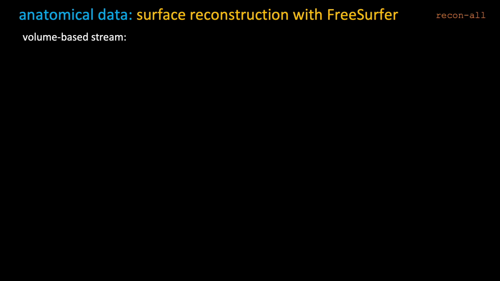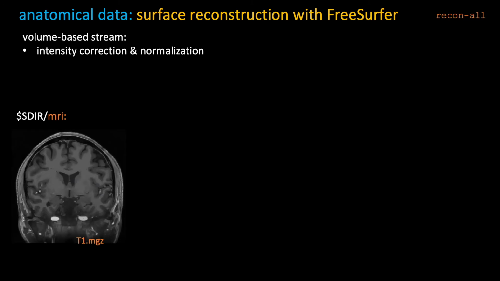The whole thing starts with intensity correction and normalization of the input volume. So we end up with this T1.mgz volume file. MGZ is a native format of FreeSurfer. It's kind of similar to NIfTI. There's the mri_convert tool and probably a bunch of others, and they're super straightforward to use to convert between the 2.